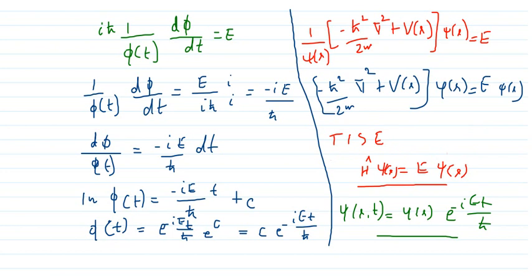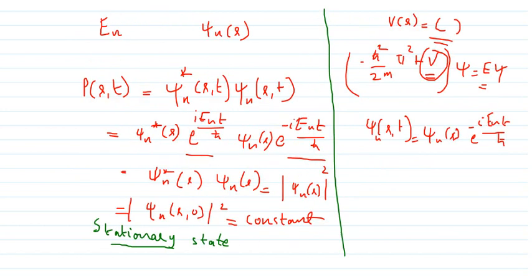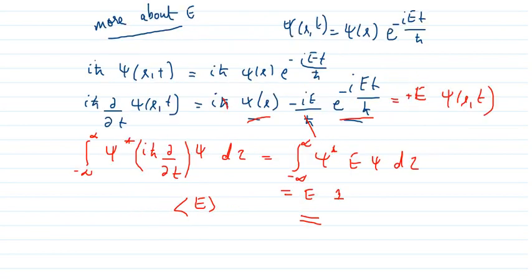So you have to analyze the constant and evaluate the expectation value and also the probability and the expectation value of the observable or an operator in general. The expectation value is what we measure.